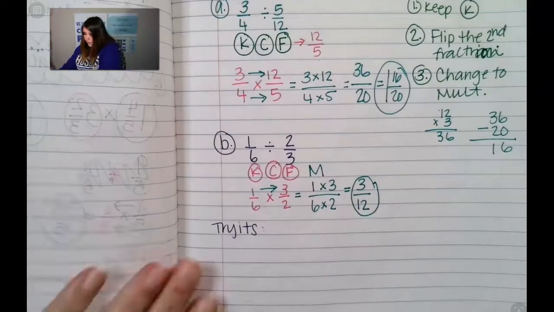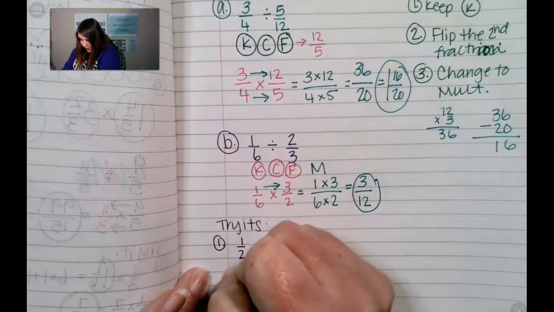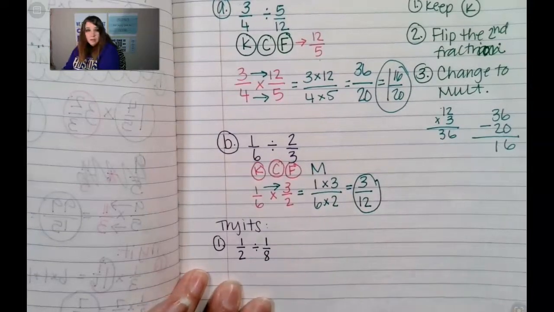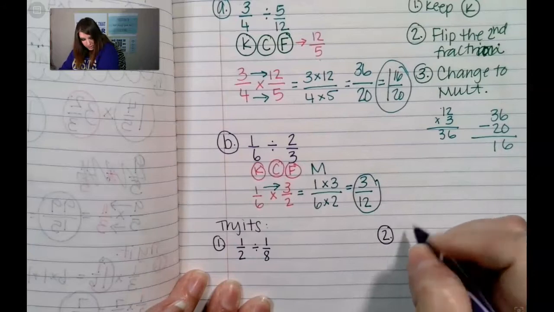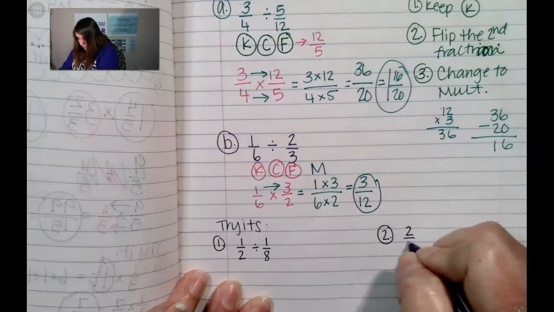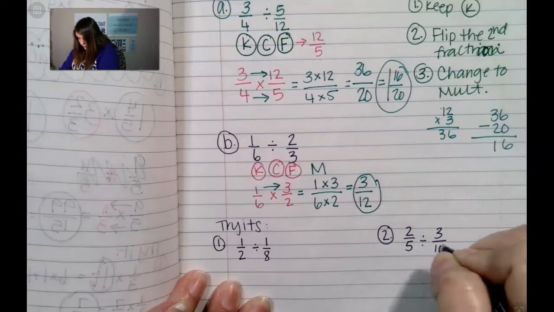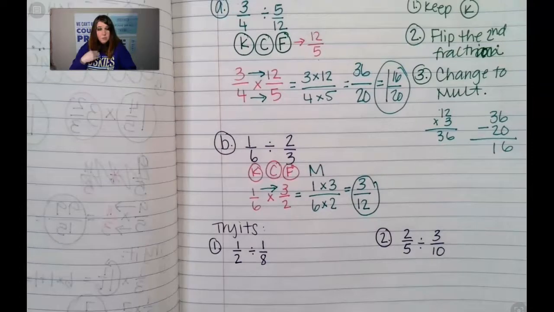Okay, so we have try-it number 1, which says 1/2 divided by 1/8, and try-it number 2 says 2/5 divided by 3/10. Okay, pause the video right now so you don't hear me solving, and then hit play when you're ready.